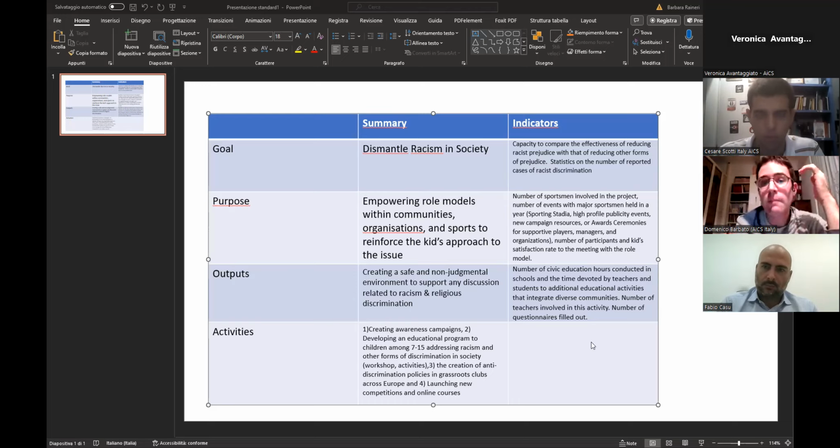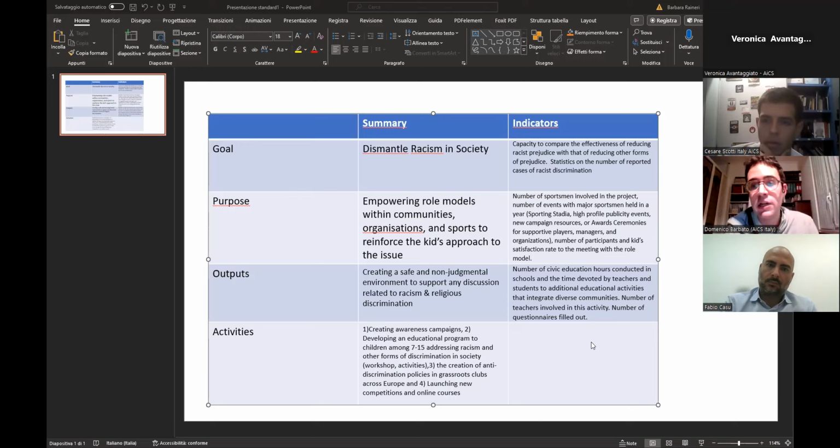This was the part connected with the output, how to measure the output: the number of civic education hours conducted in the schools, the time devoted by the teachers and the students to additional activities to integrate the diverse communities, and of course the number of questionnaires, because on the site there was a real document in which they said they were sending questionnaires to the students and to the people, to be filled out.